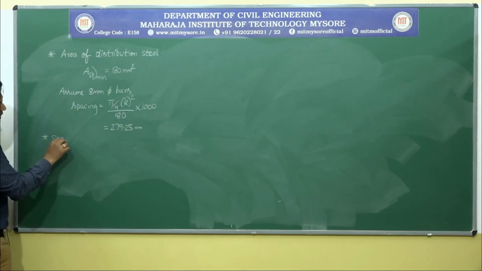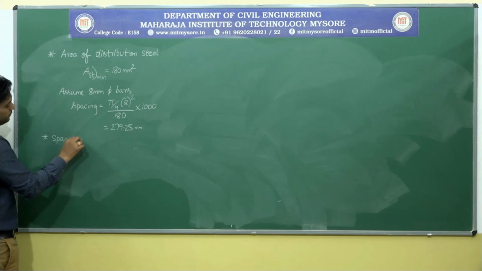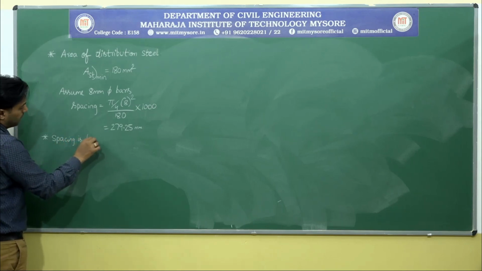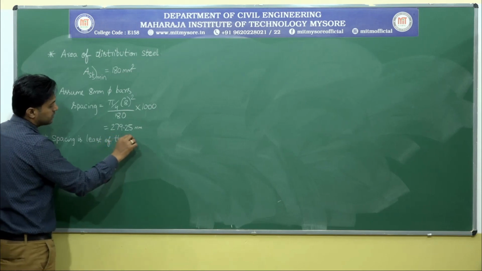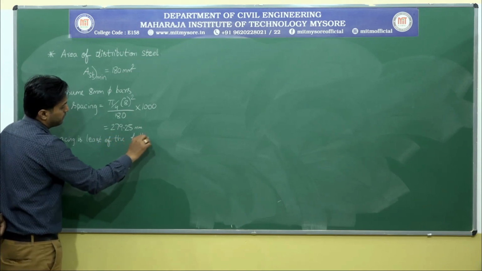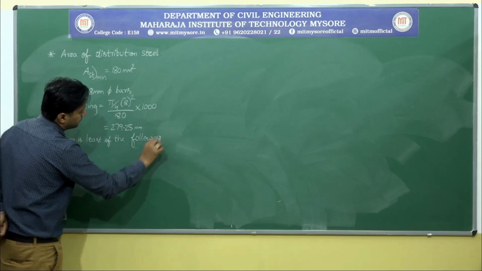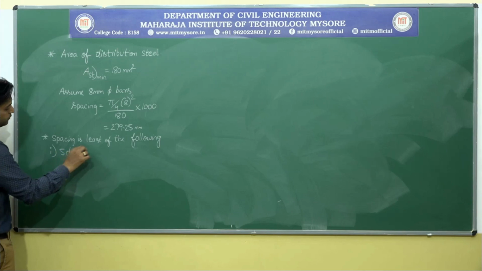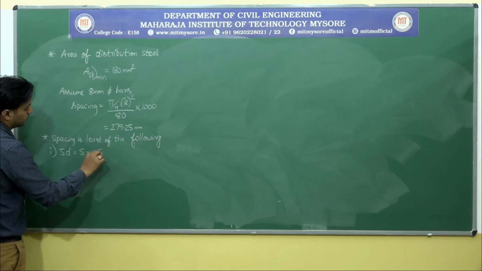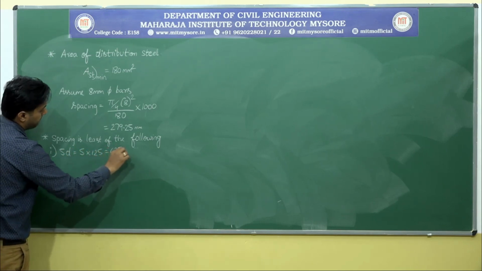The code suggests one more thing. Spacing is least of the following. First, 5 times the effective depth, I think it's 625.